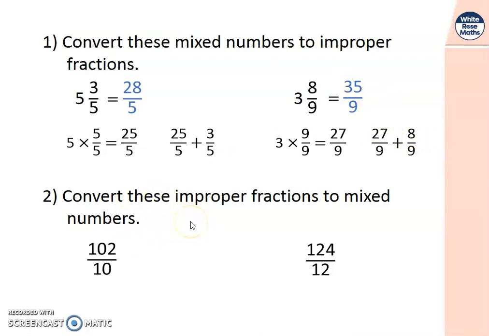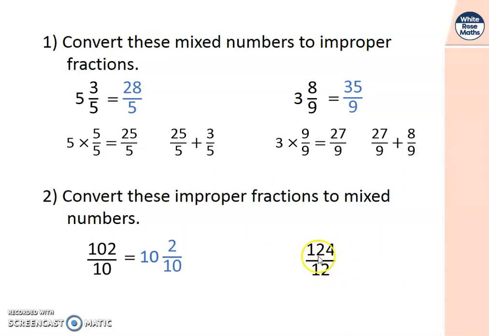Number 2, convert these improper fractions to mixed numbers. So to do this, you say how many tens fit into 102. 102 divided by 10 is 10 wholes, remainder 2. And for the remainder 2, we write that as 10 wholes with 2 tenths left over, because the denominator is 10.